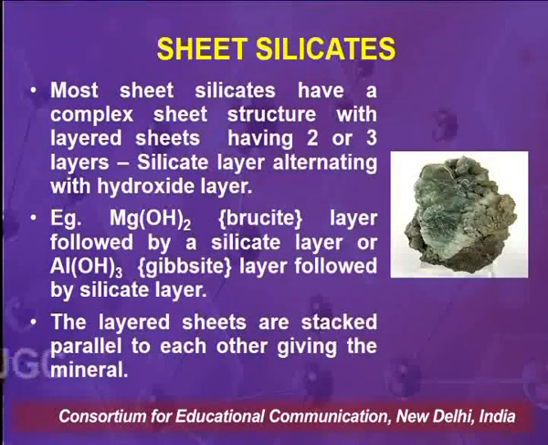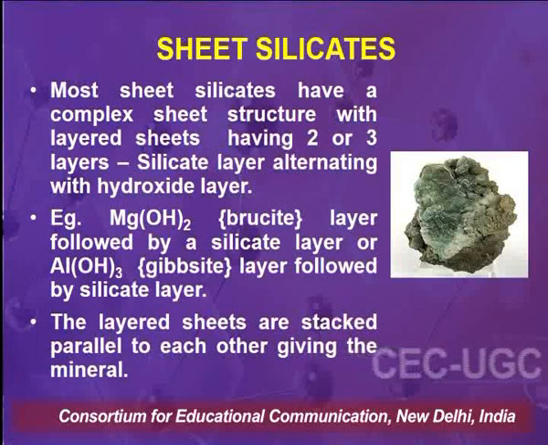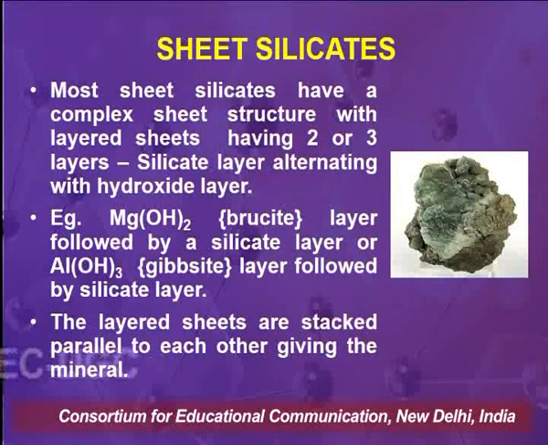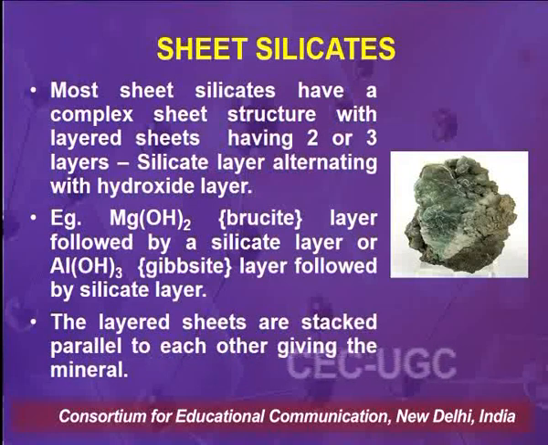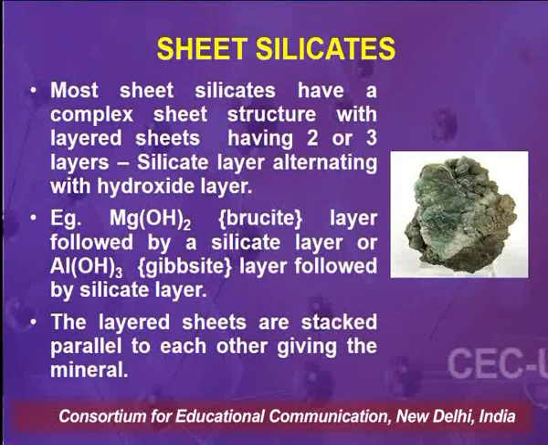Most sheet silicates have a complex sheet structure with layered sheets having 2 or 3 layers. Silicate layer alternating with hydroxide layer. That means in case of sheet silicates, one of the layers is that of SiO4 tetrahedra and the second layer is that of OH minus or hydroxide ions.